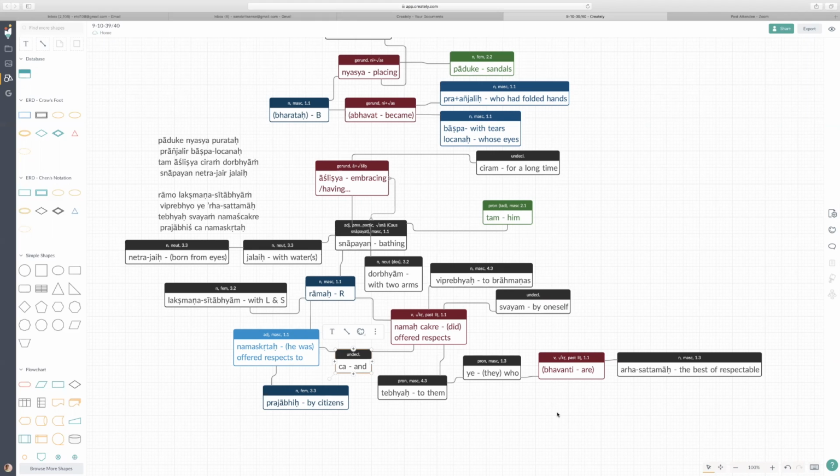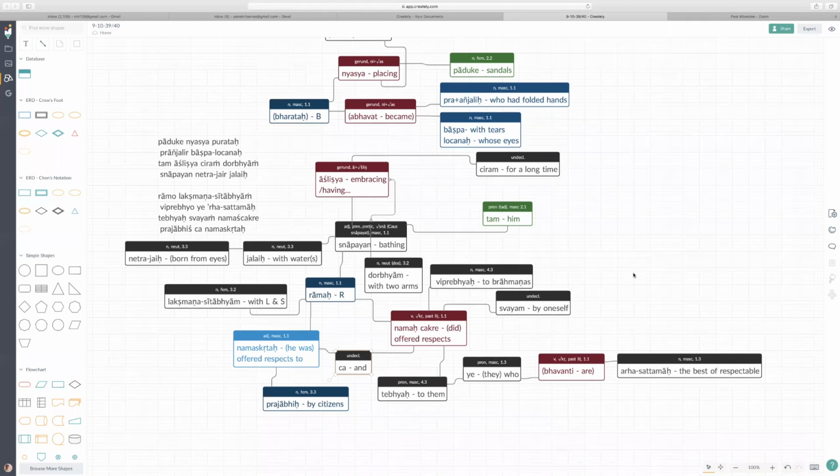And also Rama was offered respects by his citizens. So piece by piece, we all put it together.